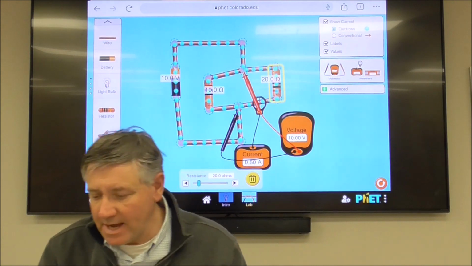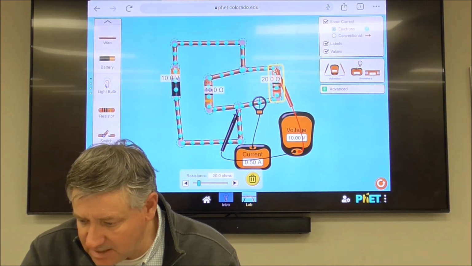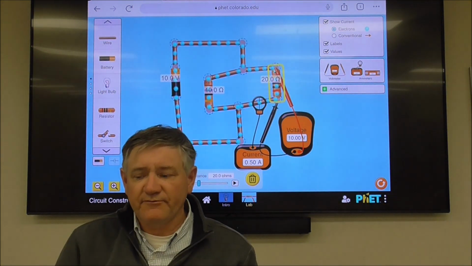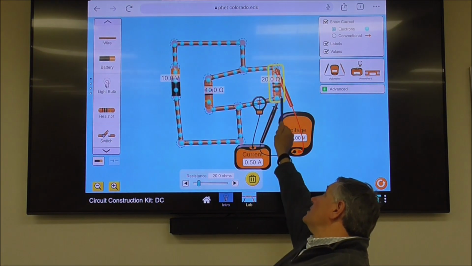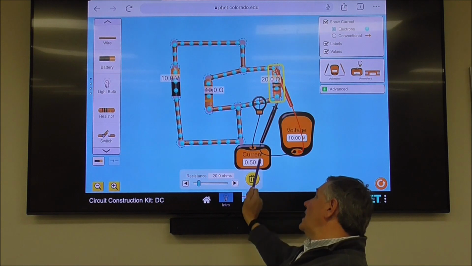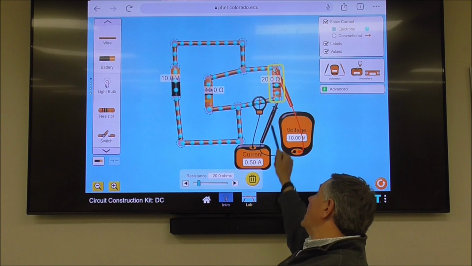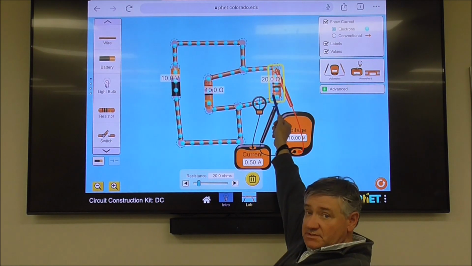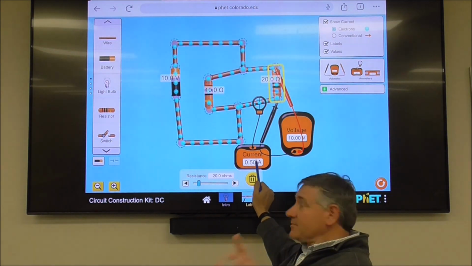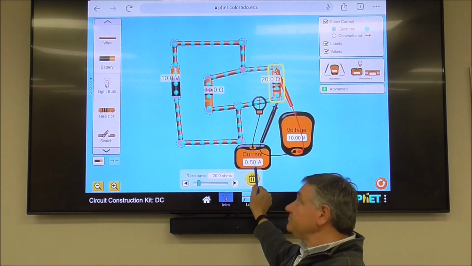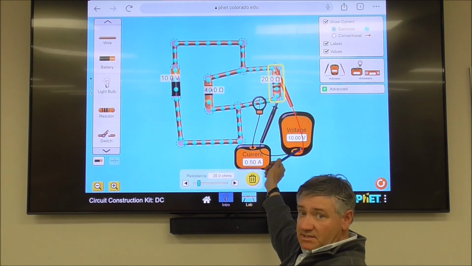Now, an interesting thing happens if you look at this mathematically. Let's just say we don't know what the voltage is. We want to verify it. So if you look at this going into here, let's say I've got 0.5 amps of current and a 20 ohm resistor. If that's all I know, I take that 0.5 amps, multiply that by my 20 ohm resistor, and oddly enough, I'm going to get 10 volts.